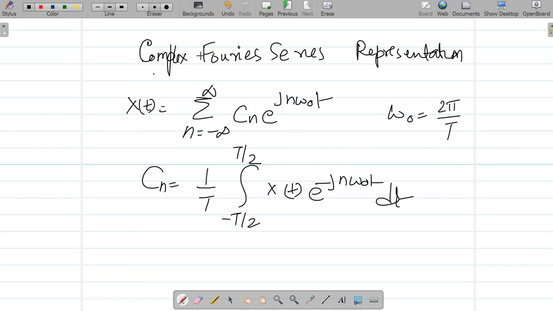So this is another representation of Fourier series. We have seen three different types of Fourier series representations so far.